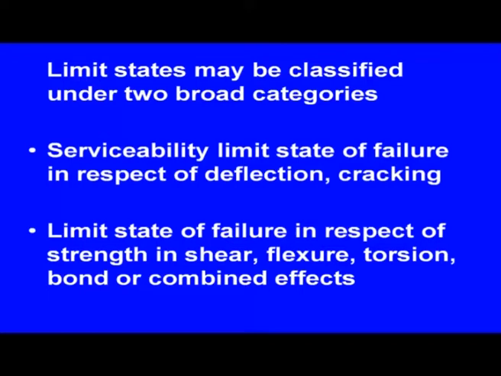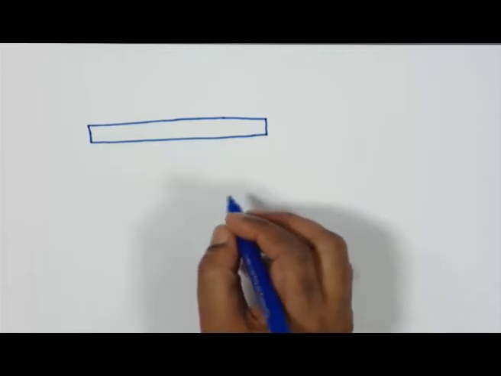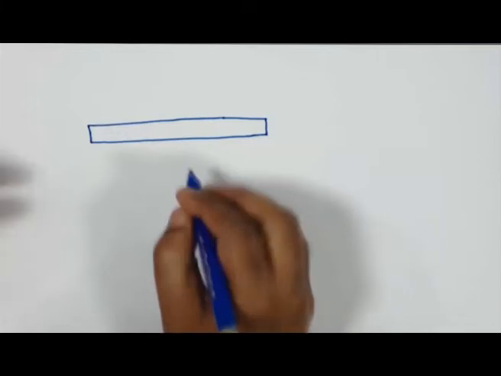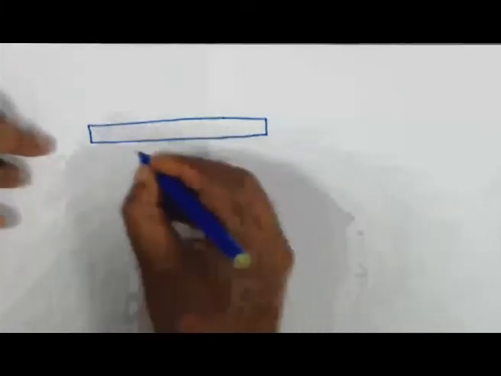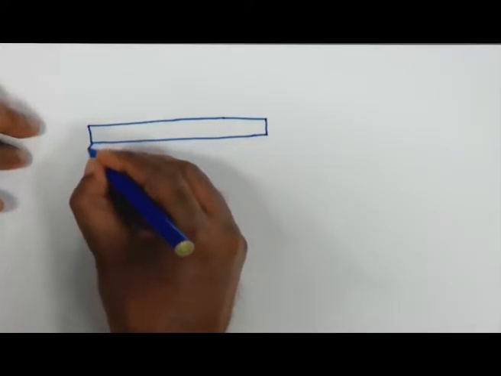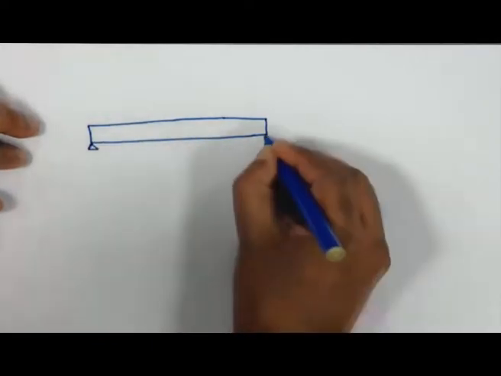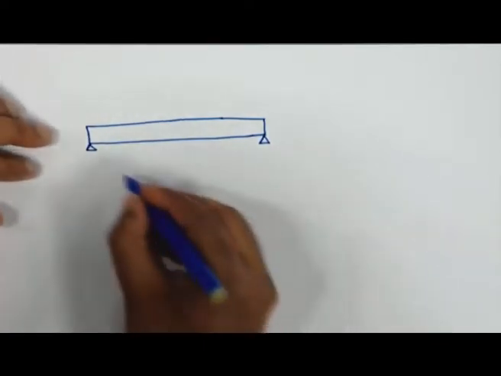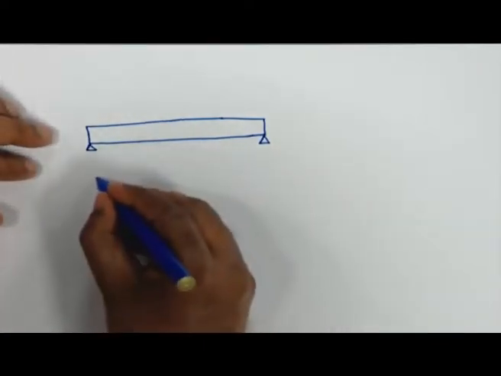In design you have to provide the section. What type of section? As I have told you, concrete is weak in tension, so since you have tension reinforcement, this type of thing is always relevant.